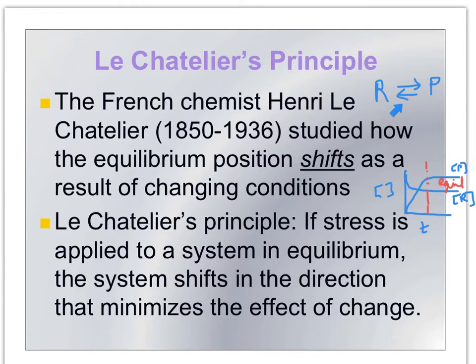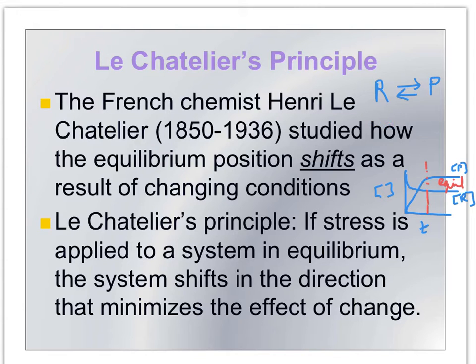Well, what if you've reached equilibrium, and then I introduce some kind of stress? Stress means I change the concentration, I change the pressure, I change the temperature, I heat my solution, I put it in an ice bath, something like that. Then, because we've disturbed it, it is no longer at equilibrium. That means my forward and reverse rates are not equal anymore.